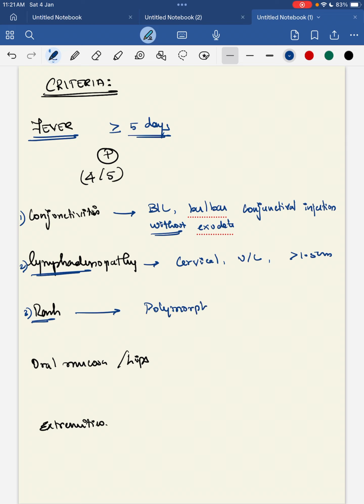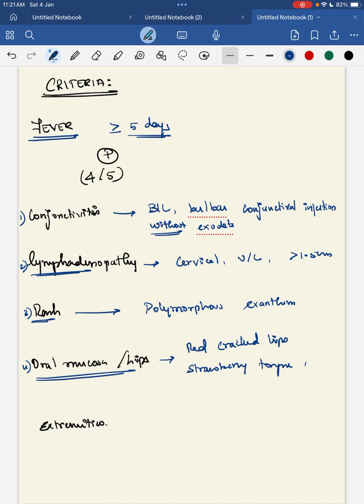The child can have red cracked lips with strawberry tongue, or erythema of the oropharynx.